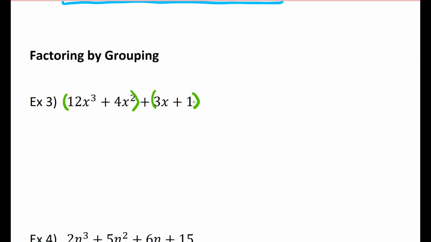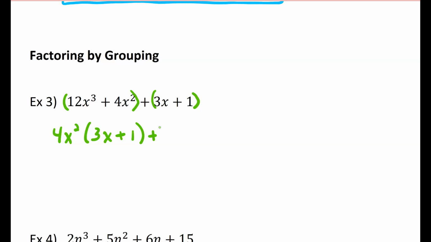And then looking at the first group, what can we factor out of 12x cubed and 4x squared? 4x squared. So 4x squared comes out, and that's going to leave me with 3x plus 1. And we already have 3x plus 1.